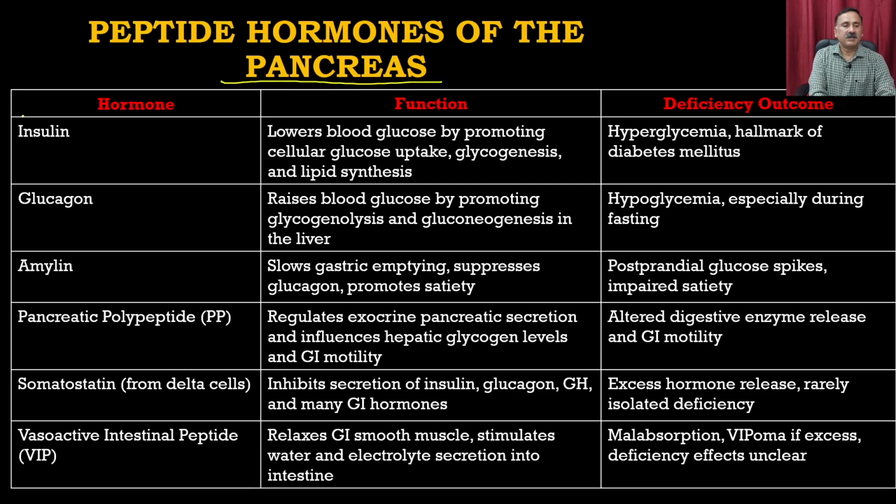So the peptide hormones are insulin, glucagon, amylin, pancreatic polypeptide, somatostatin, and vasoactive intestinal peptide. Insulin is lowering the blood glucose level, glucagon is raising the blood glucose level, and amylin is slowing the gastric emptying, suppresses the glucagon, and promotes the satiety.